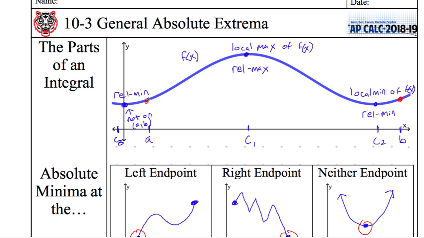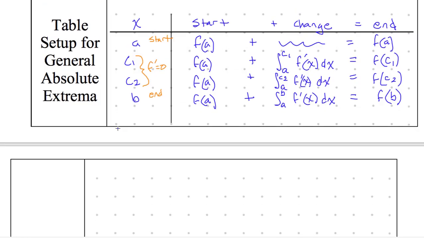Okay, but let me follow down this tangent. What if I have C3 to be right there? How would I do that on the table, if we can squeeze that in here? Would it be C3 before A? Oh, never mind. So it's still going to be f of a plus, but this integral is going to be all weird. It would be minus the integral from C3 to a.